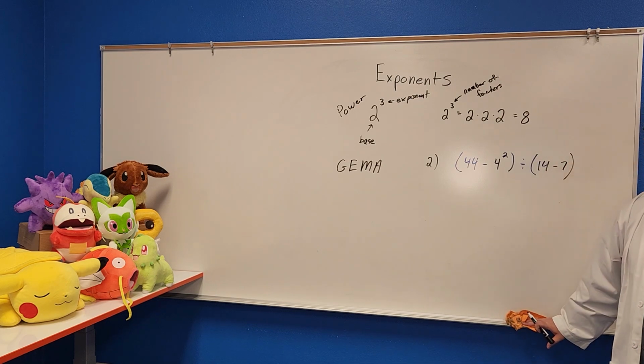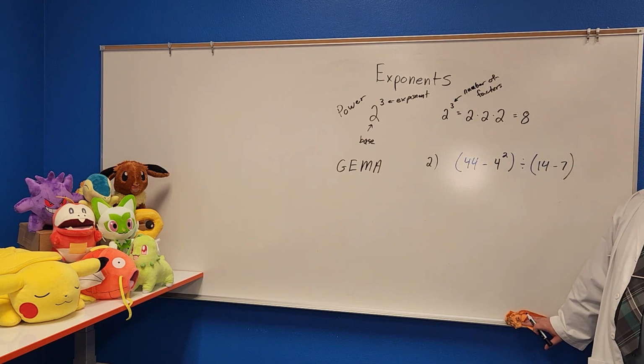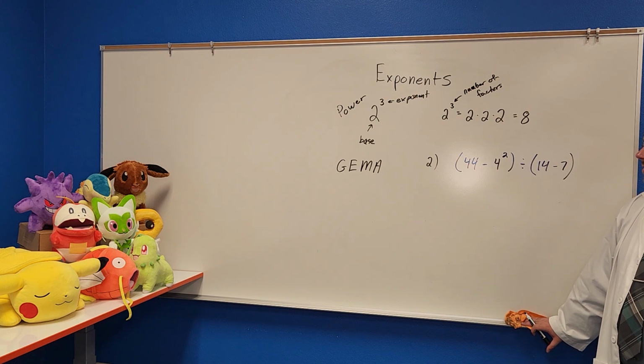This is a good time to pause the video, try this example yourself, and then start the video so you can see if your work matches mine. Okay, welcome back. Hopefully you got a good answer, so let's see if it matches mine.